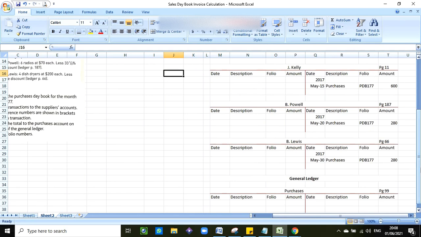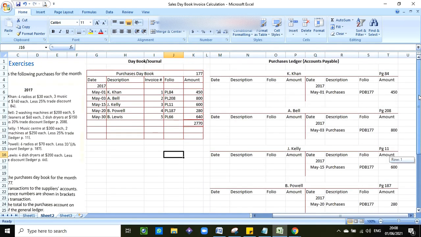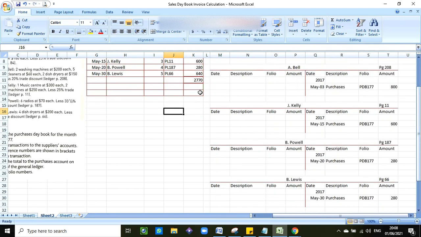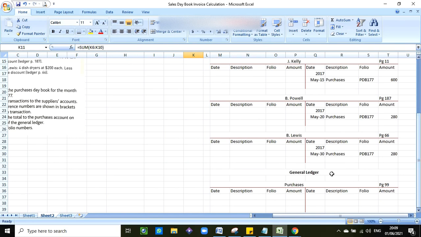Consequently, our financial statements would be wrong. So I need to compensate for these transactions that I have on the credit side, and the specific way to compensate for it is to not ignore the total purchases for the month. So I need to transfer this to a ledger, and that specific ledger falls under the general ledger category. Specifically, it's the purchases account with page number 99.